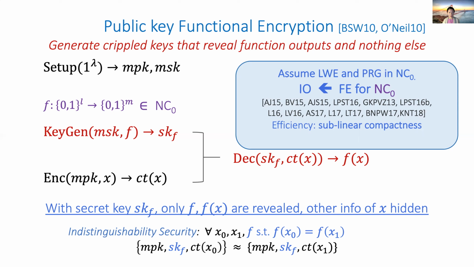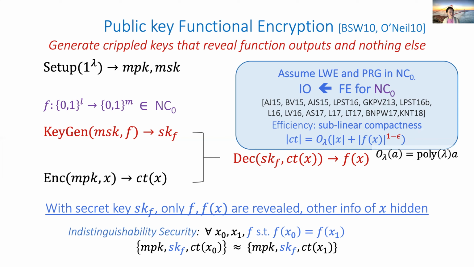Here we do require the functional encryption for NC0 to be somewhat efficient, in the sense that the ciphertext size should scale linearly with the length of the input and sublinearly with the length of the output of the function. The reason we require the ciphertext size to be sublinear in the output length is that if we consider only a single secret key for a single function f, and we allow the ciphertext to be as long as the function output, then one might well just directly give out the function output itself.